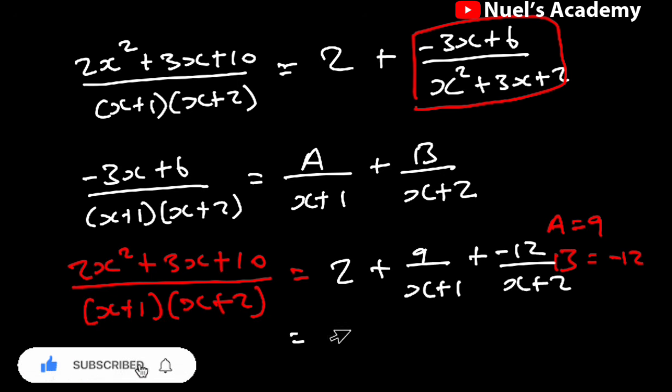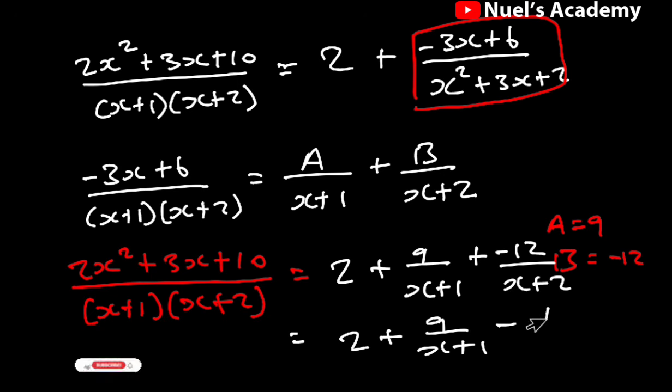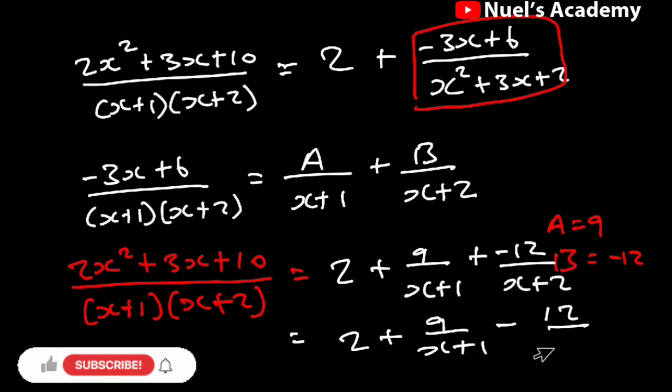So this is equal to 2 plus 9 over x plus 1 minus 12 over x plus 2.